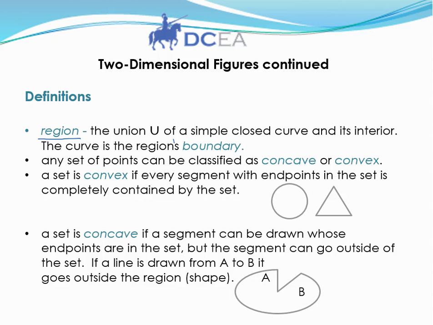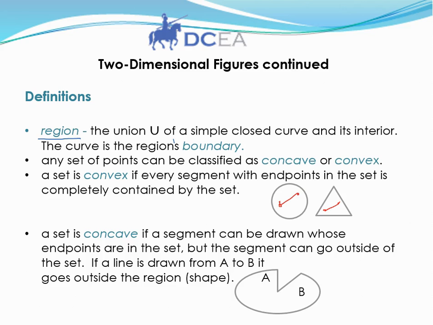This means that if I take a point here and a point here and I connect them, they are inside the set of the circle, or inside the set of points that makes the triangle.